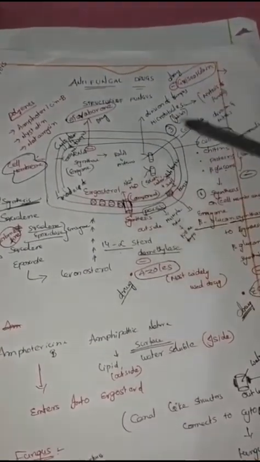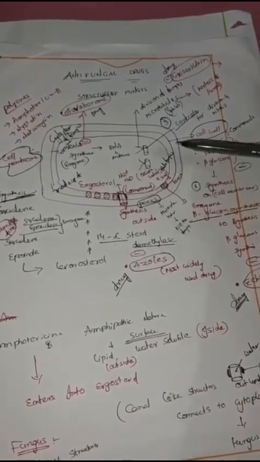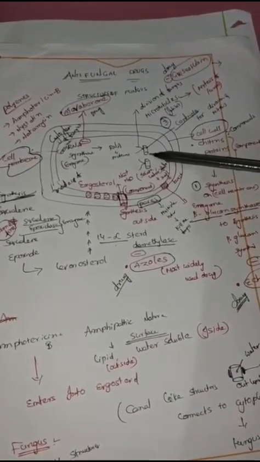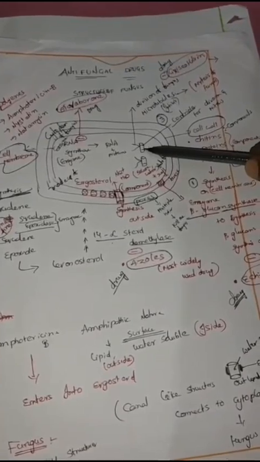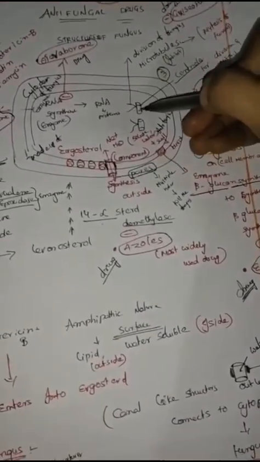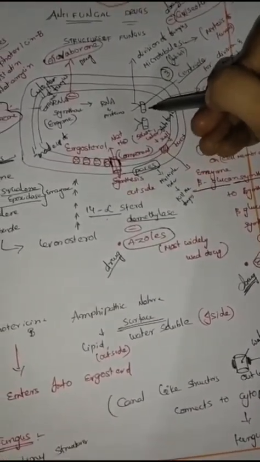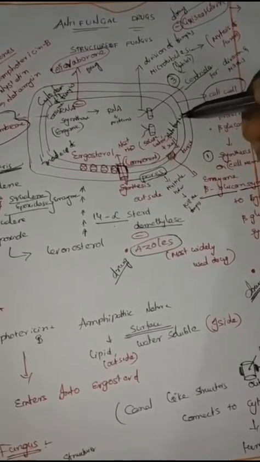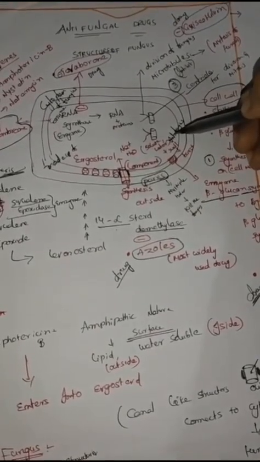Next, inside the cell membrane we have what are called centrioles. These centrioles help with mitosis and division of the fungus.